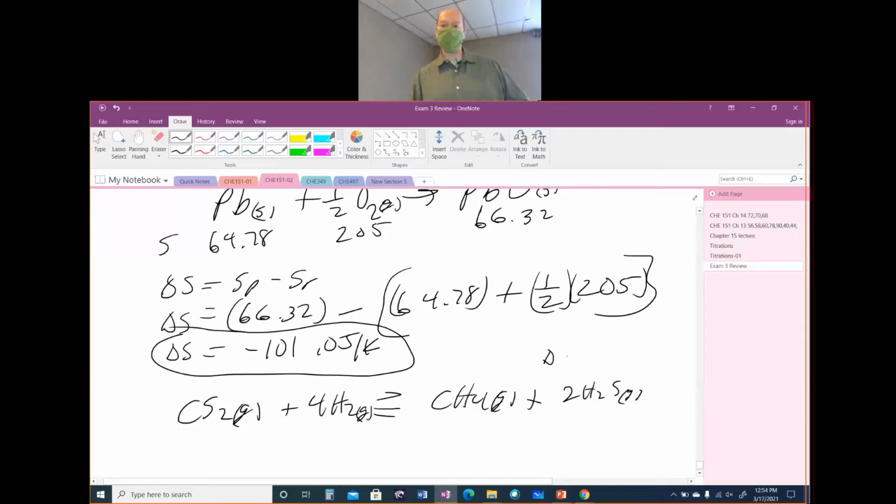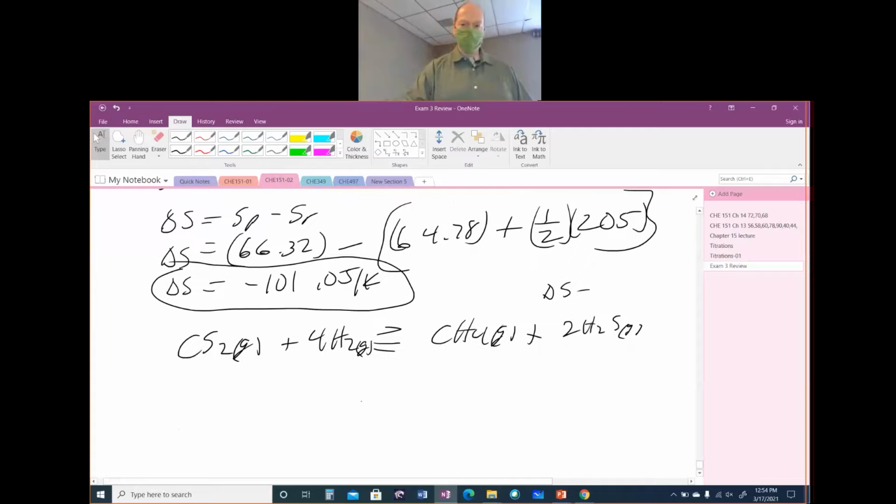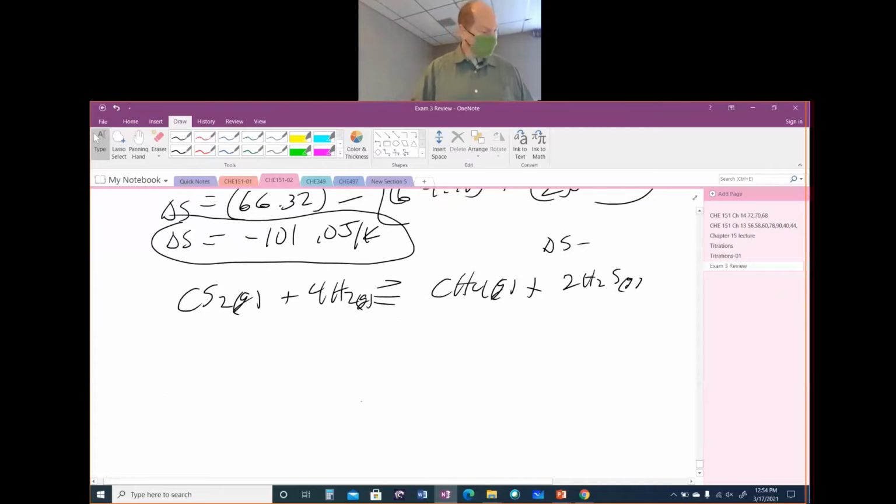Again, you're going to less disorder, so this one also is going to be a negative delta S value. So you look up the numbers, 237.9, 130 point something, maybe a 6, not sure.